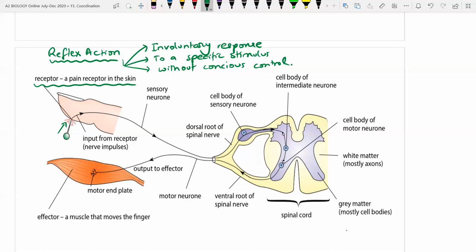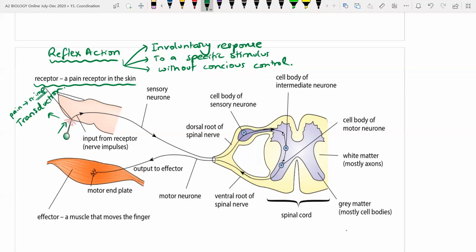यहाँ पे impulse generate होती है. अच्छा, ये impulse generate होती है pain की form में, लेकिन ये pain से convert होती है into nerve impulse. This conversion is a separate topic which is known as transduction. Transduction simply means that you're going from pain to nerve impulse.